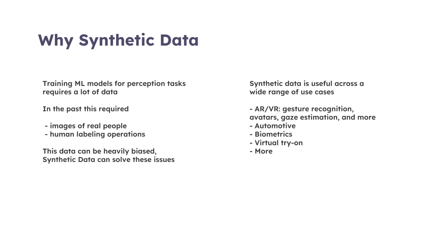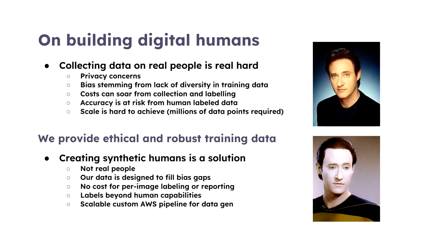One common example is a data set named CelebA, which is nothing but pictures of celebrities, and they are largely male and white. Synthetic data can be used to solve the bias problems like this one. It also has a wide range of use cases: AR, VR, automotive, biometrics, and virtual try-on, to name a few.